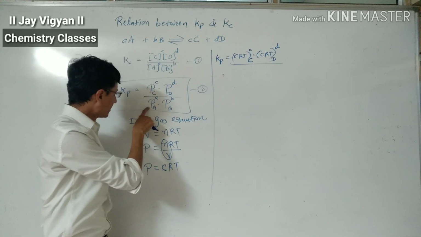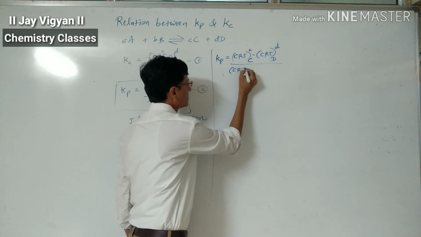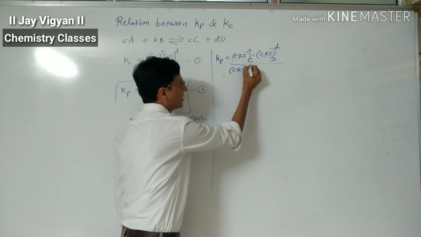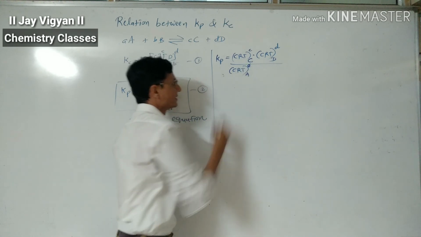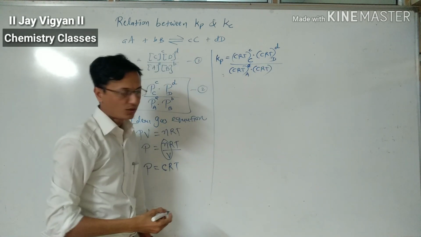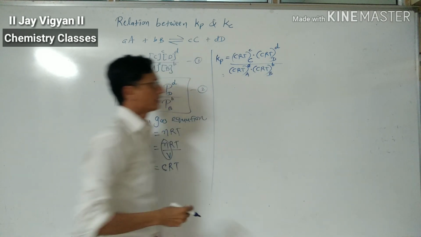Now in the denominator, instead of P, again we use CRT for reactant A raised to a, and CRT of reactant B raised to b.